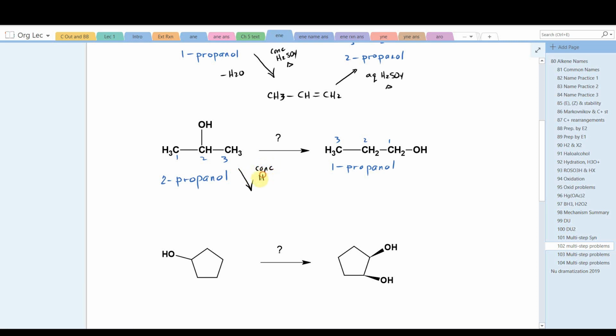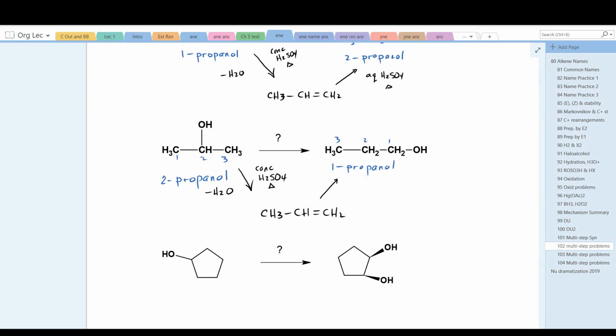Concentrated sulfuric or phosphoric with heat, losing water. We form propene. Can we convert this alkene to an alcohol?